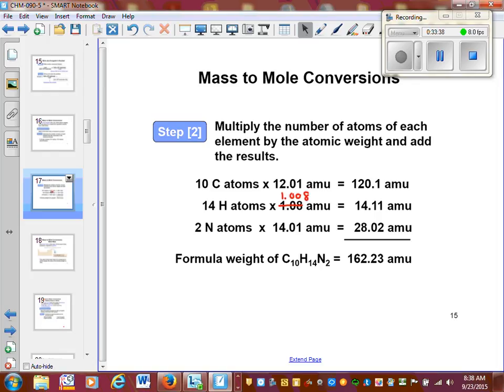Okay? So if I give you any molecular formula, or any compound formula, you should be able to tell me its molar mass.